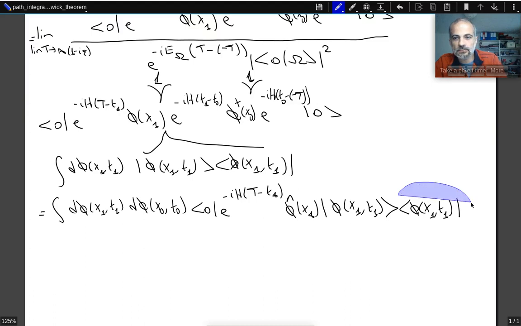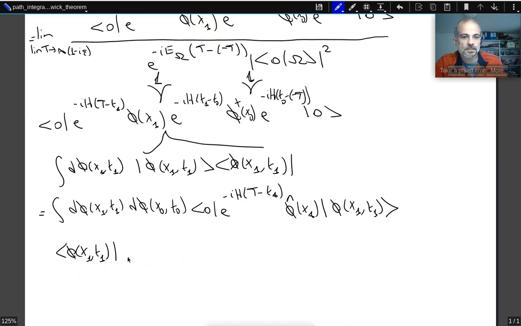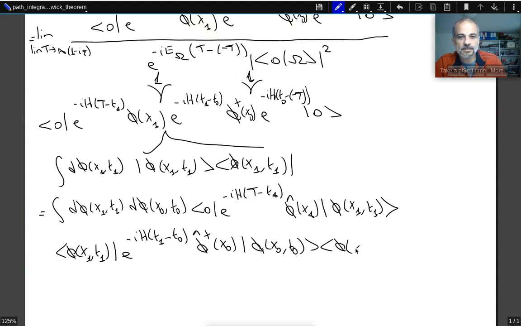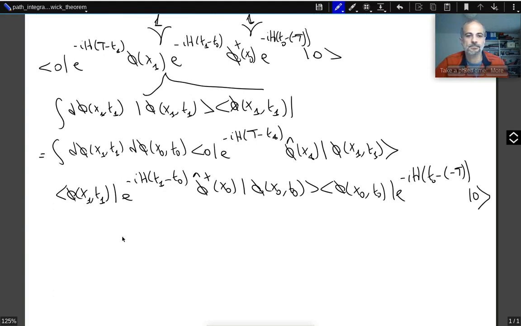Well, let me move it down. E to the power minus iH (t1 minus t0), I have this phi dagger x0 now, phi hat of x0 with the state phi x0 t0, and then I have e to the power minus iH (t0 minus minus T), acting on the empty state.